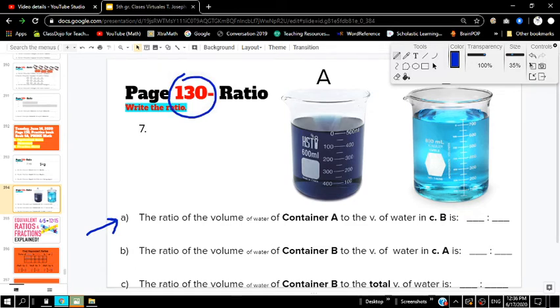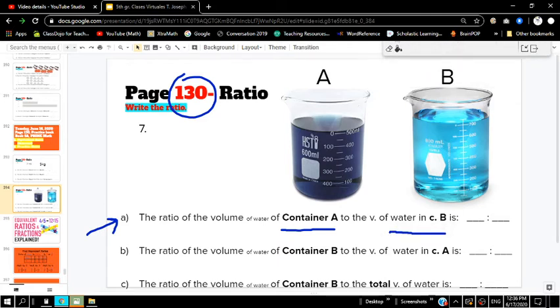The ratio of the volume of water of container A to the volume of water in container B. Well, here is container A, right here, and here is container B. These are both beakers. In chemistry, you use beakers to measure the volume of water, all right? If you'll notice, the water level goes up to this number right here. What is that? It says 500 milliliters.